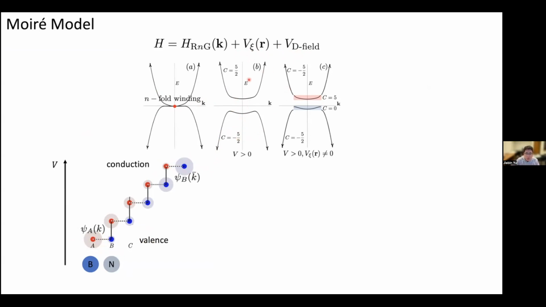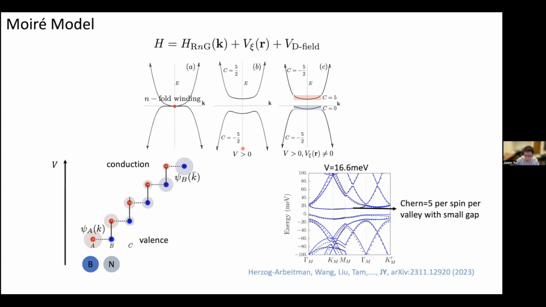If we further include the moiré potential from the hBN, it strongly influences the valence band, because the valence band electron is closer to hBN, opening a larger gap. It also affects the conduction band in a weaker way, opening a small gap. But this small gap opening can cause the Chern number of the lowest conduction band to be 5, or in general n, depending on the number of layers.